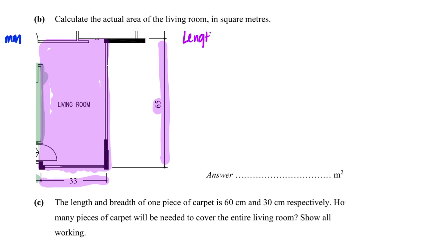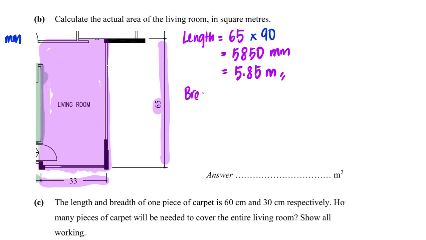So my length will be equal to 65 multiplied by 90 to give me my dimensions in mm. And now we know we divide by 10 to give us cm, followed by divide by 100. So this will give me 5.85 meter.